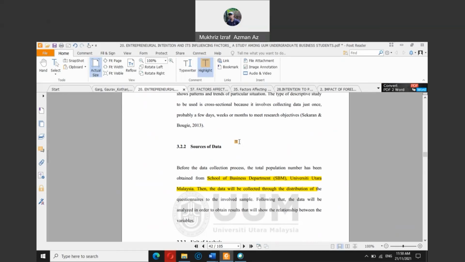Okay, but you need to mention in your thesis how you are going to identify the population that belongs under the B40 groups.